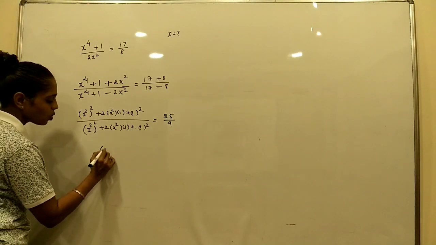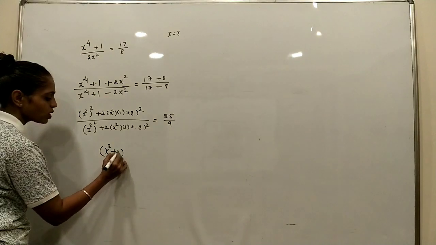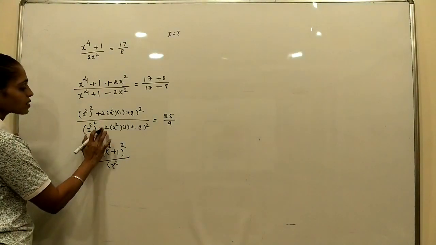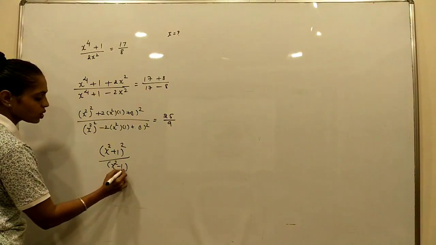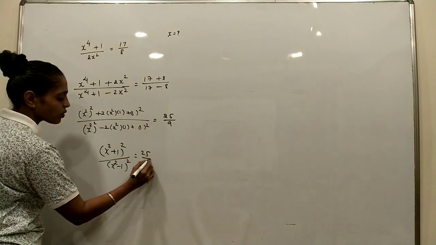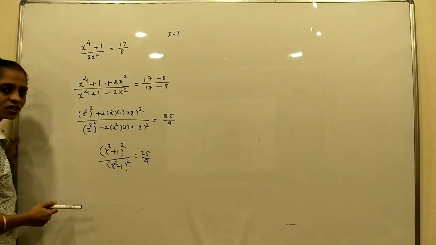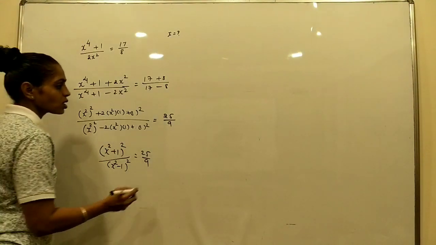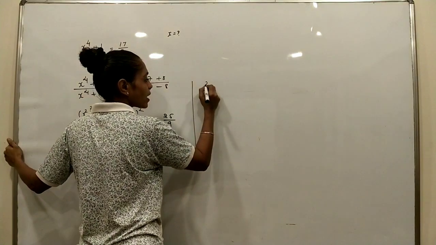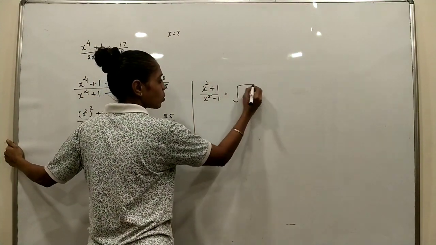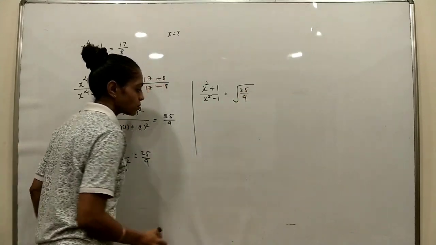So (x^2 + 1) the whole square over (x^2 - 1) the whole square is 25 upon 9. Now the square on one side becomes root on the other side.